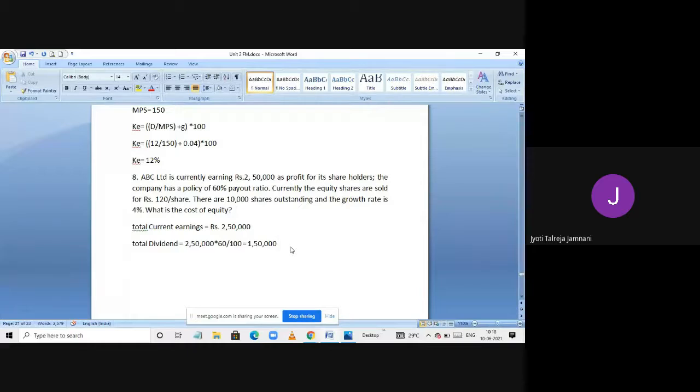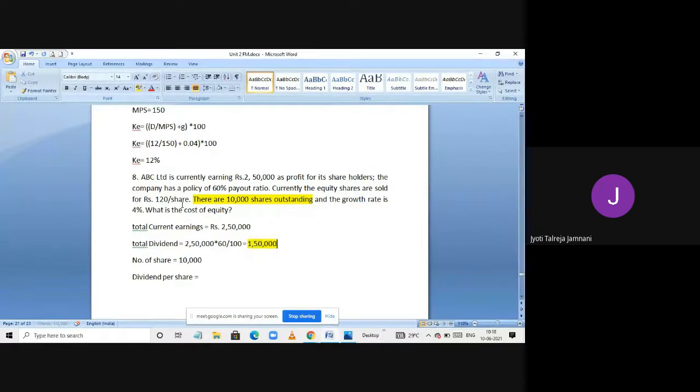Now because we are taking market price per share, we have to also find dividend per share. For that, they have told here there are 10,000 shares outstanding. That means the company has issued 10,000 shares. So I'll write here number of shares 10,000. Now we can find dividend per share. The total dividend you calculated as 1,50,000.